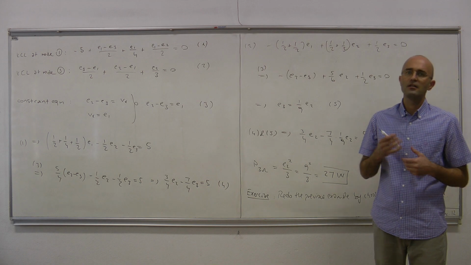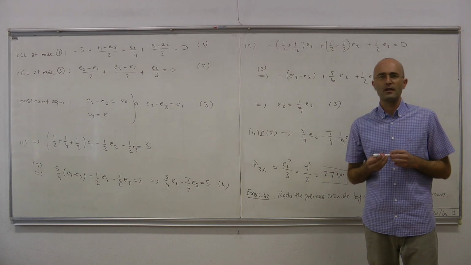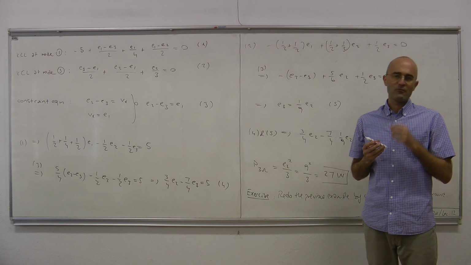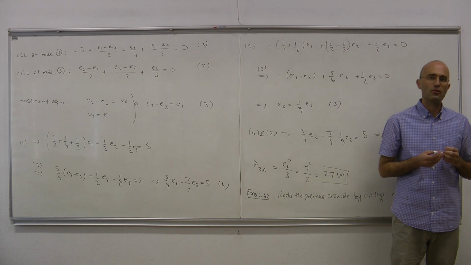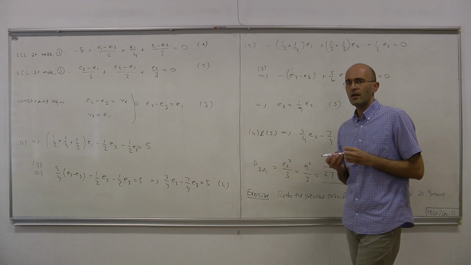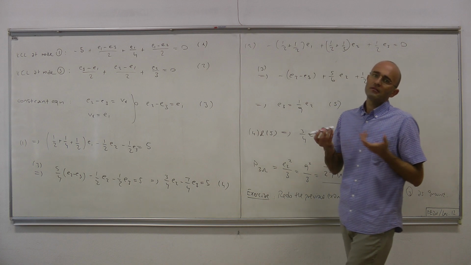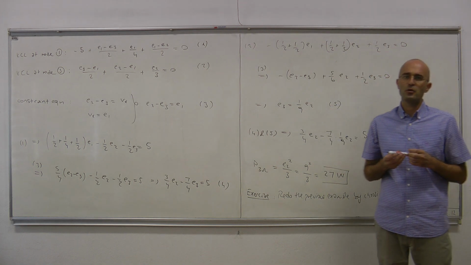Now we're going to talk about the dual method, where we'll see how we can formulate a circuit in terms of mesh currents. Now, which method is better? Well, it depends on the situation.